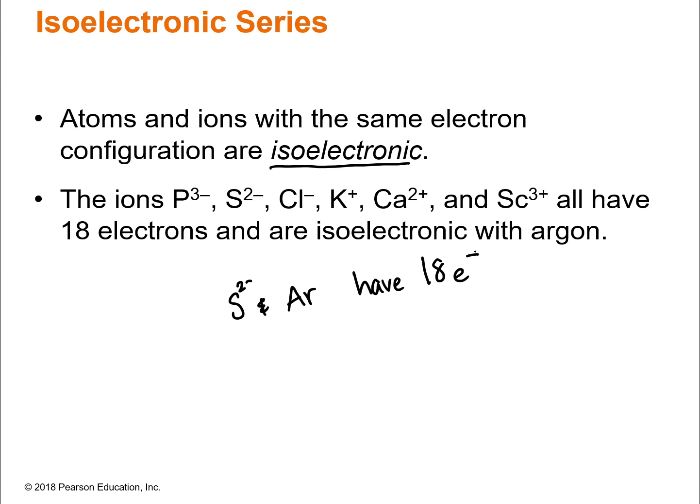So we just made one inadvertently just by going through and writing those configurations. That was on purpose on my part. So you have to understand the positive and negative ion charges and how to write the configurations for those ions before you can get the isoelectronic series. So we're not going to do any examples per se about this, but it is a concept that you will need to know.